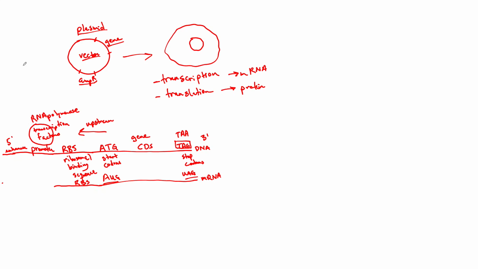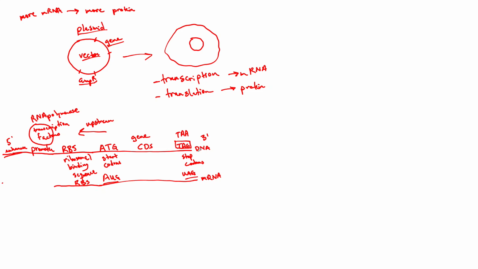Now, more mRNA, what does that mean for the cell? That's going to mean more protein, because the more transcription you have, the more translation you have, because you'll have more transcripts in the cell. So enhancers can increase the number of mRNAs that are produced.